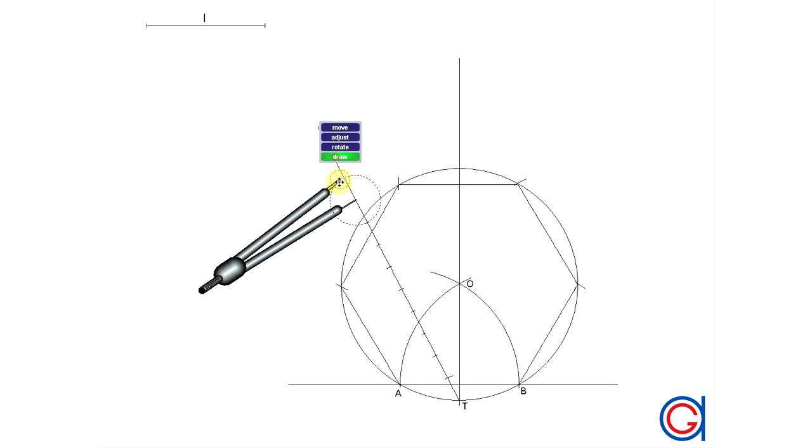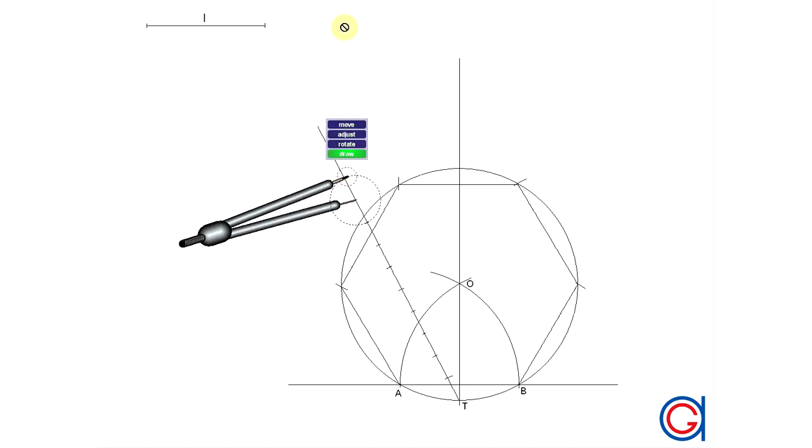So now we have 10 arcs. We are now going to number each of these arcs from 1 to 10, as can be seen here in the video.